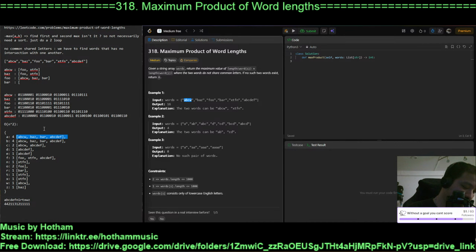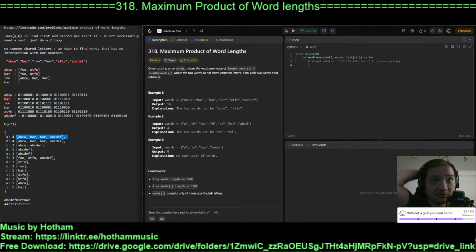So for example, for A B C W, we know we can compare them, but let's just implement the stupid O(N squared) solution. Let's see if it even passes, right?